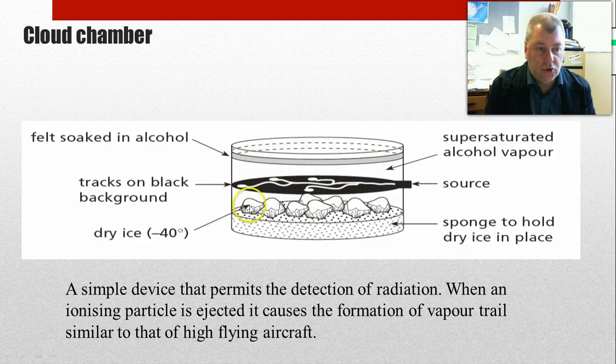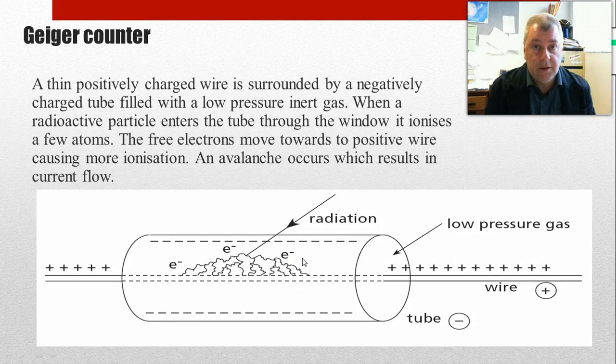You make this chamber super saturated in alcohol, and then you have a radioactive source, and the little particles go through and they basically form a vapor trail behind them, and so you can see where the particles have been. So have a look at the videos of that, and if you haven't seen them already, just check them out.